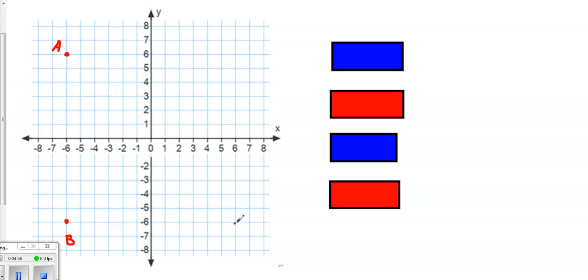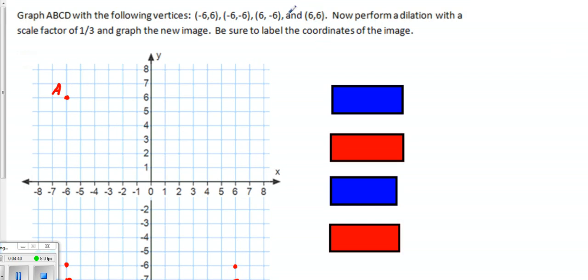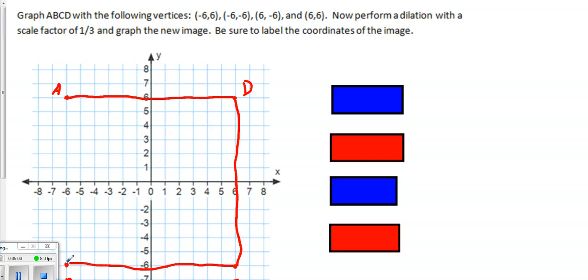So we're over here now. Looks like we're making a big square. And D then would be at 6, 6. So yes, in fact, we did just make one big square. I'm just going to fill everything in here so we can see that this does make a square.